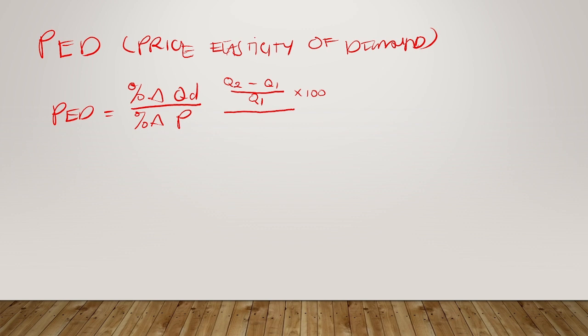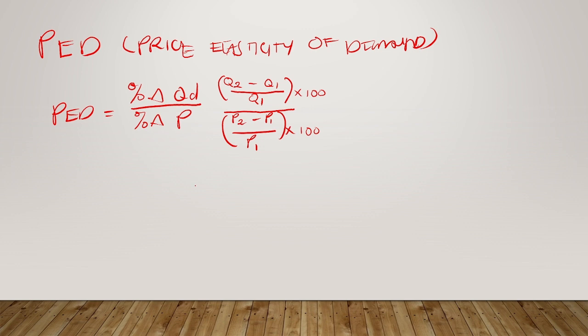Remember, you need to first solve for this one, and don't forget the times 100. Same as the price: P2 minus P1 over P1 times 100. That's how to get that one.